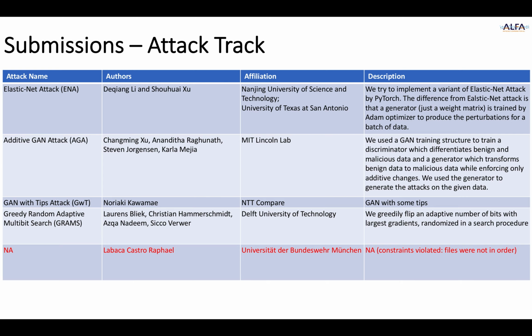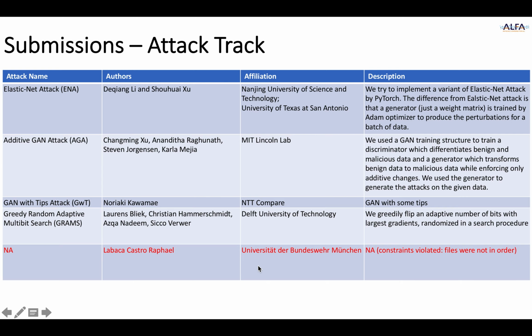For the attack track, we had 5 submissions. And of course, in our tool and pipeline, we made sure that there are checks to verify that all the constraints are satisfied and not violated. For example, we had a problem with the submission by Raphael.